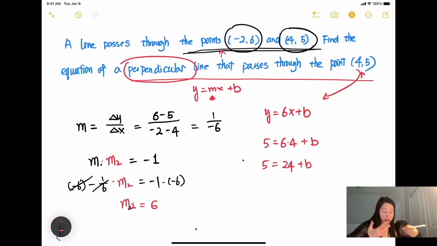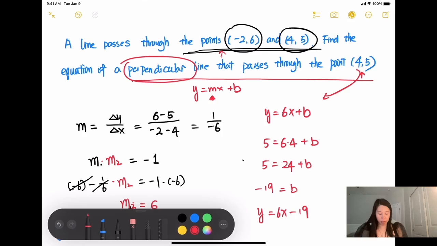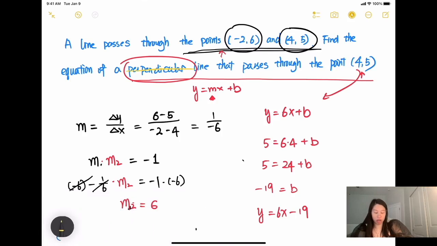And then I subtract 24 on both sides. I get negative 19 equals b. So the second equation is going to be y equals 6x minus 19. That's it. This is going to be similar for parallel. If this becomes parallel, what do you need to change?